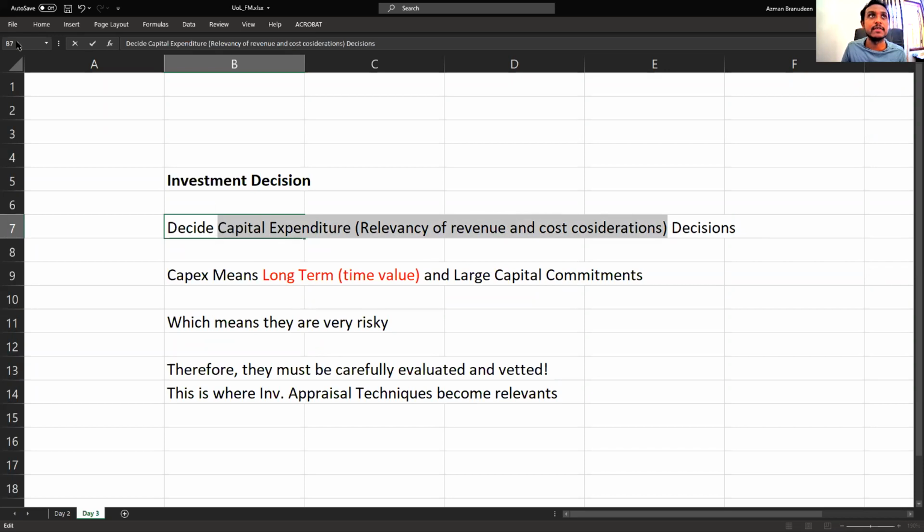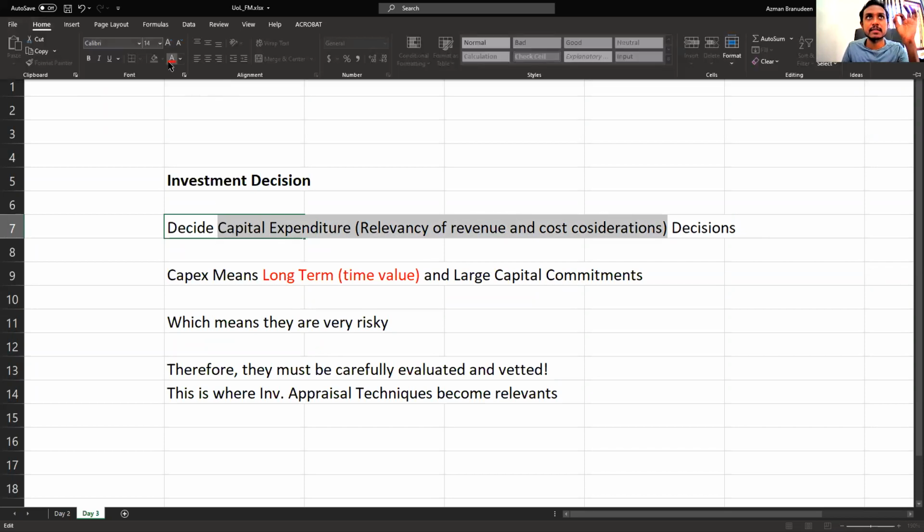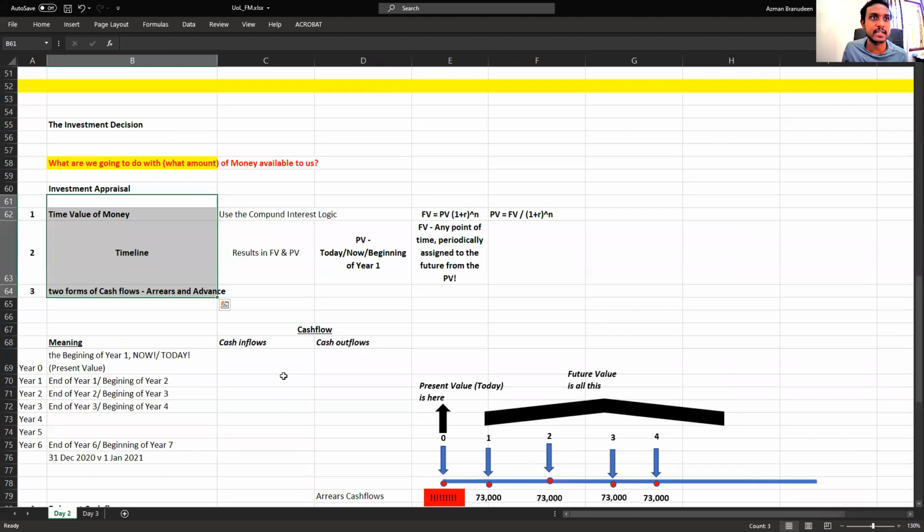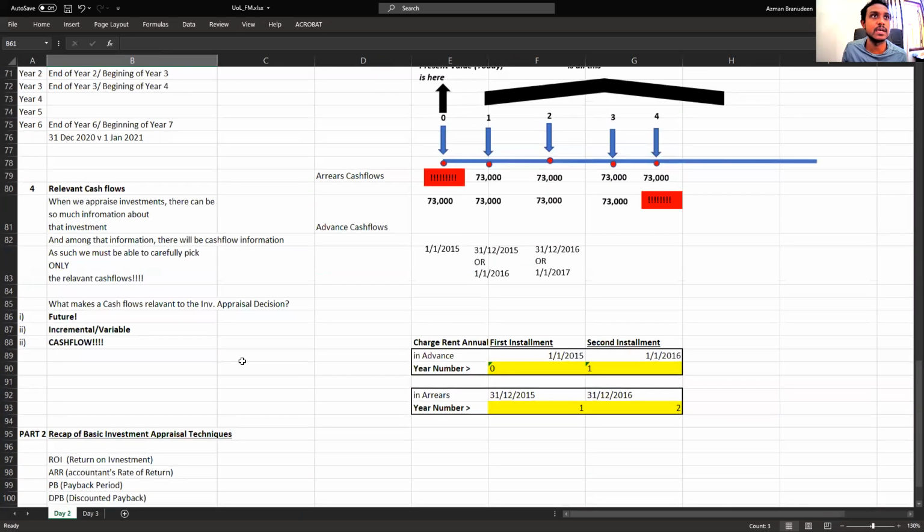Whatever we evaluate must be relevant to that which we are evaluating. We can't really use an analysis of irrelevant factors when we are evaluating a capex or project or an investment. So these are the couple of basic factors that I looked at last week.